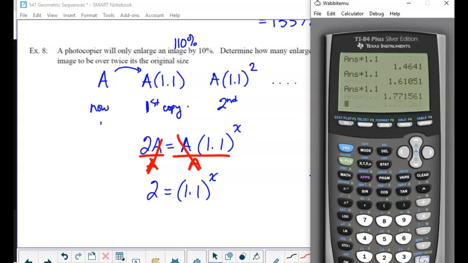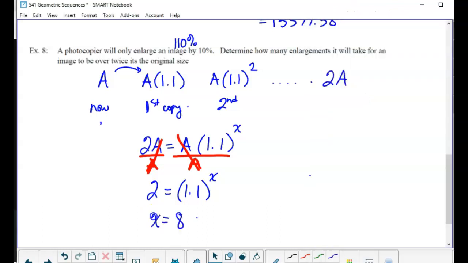Exponent 6, exponent 7, getting close, exponent 8. So exponent 7 doesn't quite get you twice as much. We want over twice, and that would be 2.14. So when x equals 8, we have 1.1 to the 8 equals 2.14.